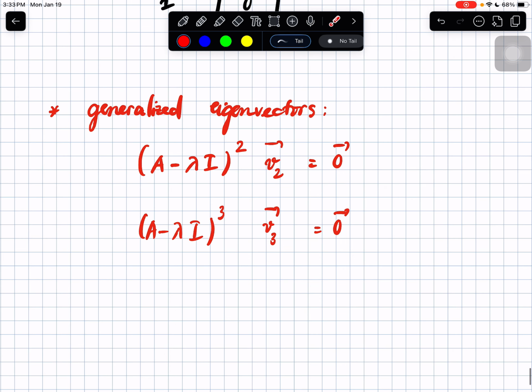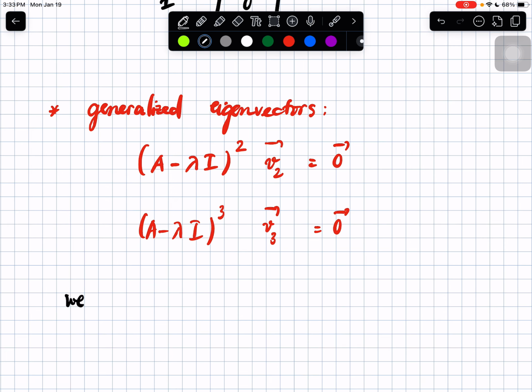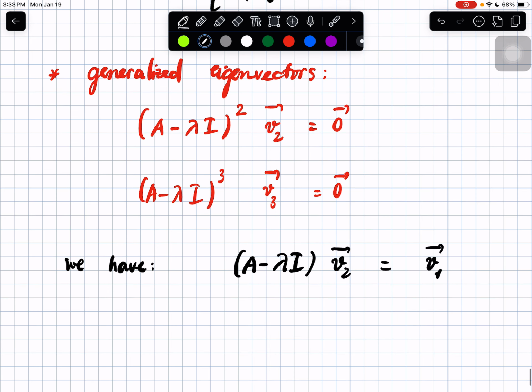We also have that A minus lambda I times v2 will be v1, and A minus lambda I times v3 is v2.